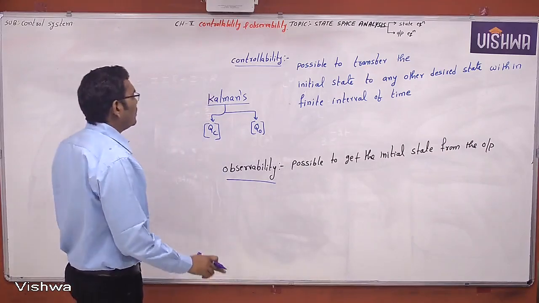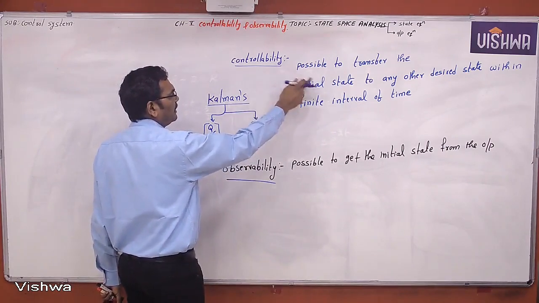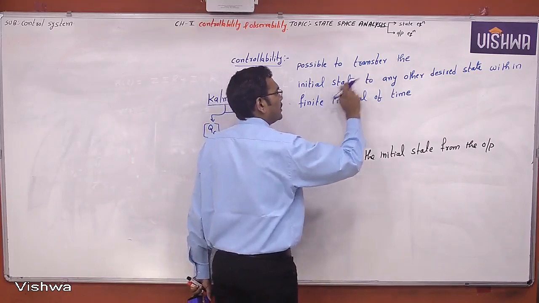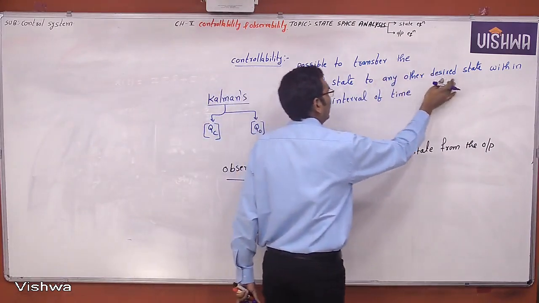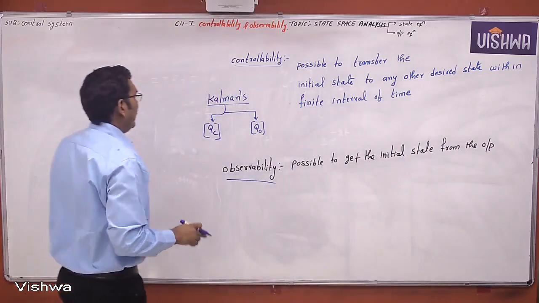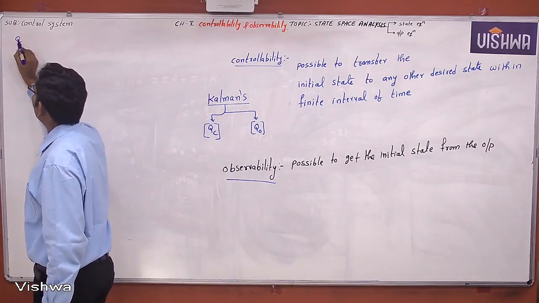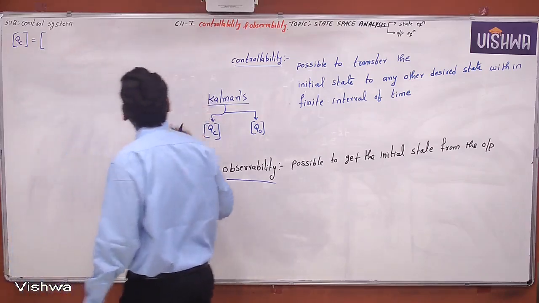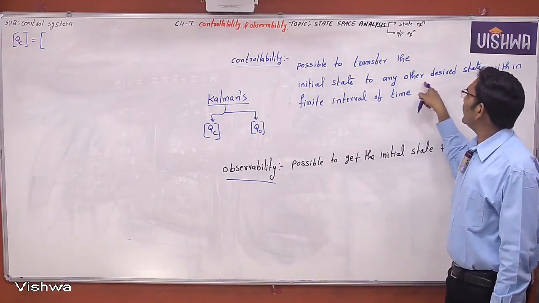So if you observe controllability, just listen carefully. Controllability definition: I want to transfer the initial state to any other state. So it is totally talking about state to state. According to Kalman, the controllability matrix only deals with the state equation, because it is initial state to any other state.